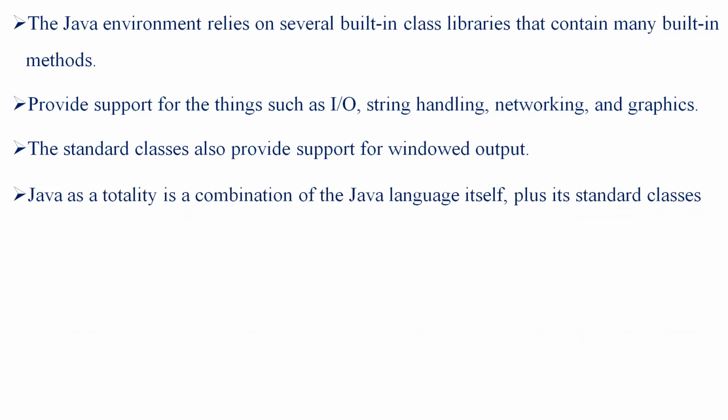In general, we say that Java in its totality is a combination of the Java language itself as well as the standard classes. A Java class library is a combination of the Java language plus other standard class definitions.